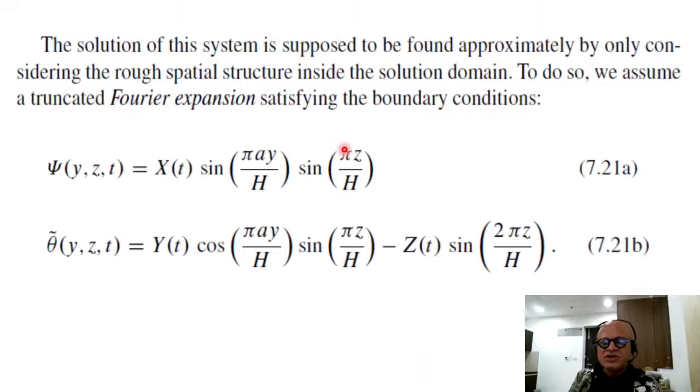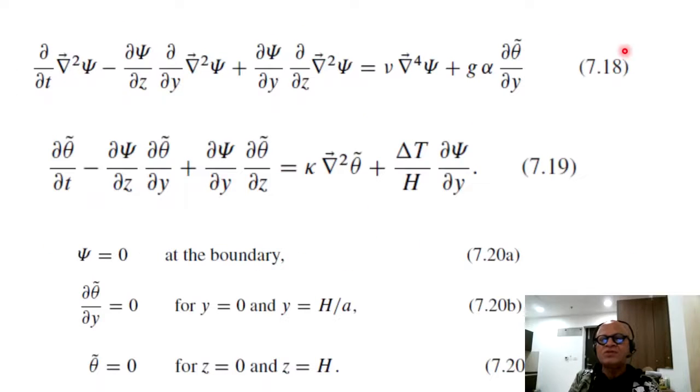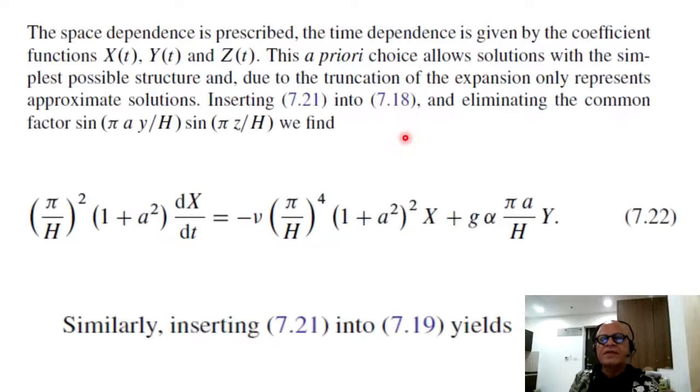So inserting 7.21 into 7.18, which is this quadratic or fourth order equation in the stream function, and eliminating the common factor sin(πay/H), where remember, a is the meridional extent of the domain in the y direction, times sin(πz/H), H is again our scale height.